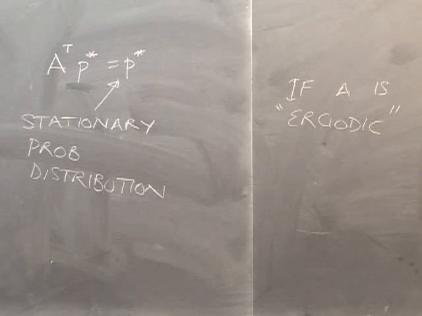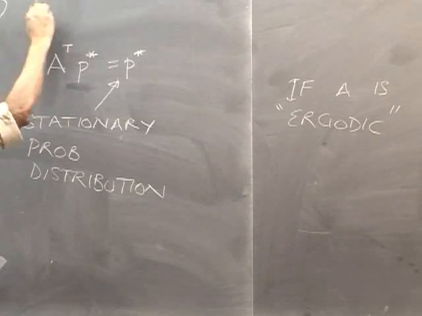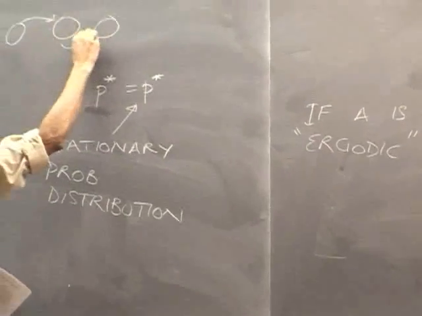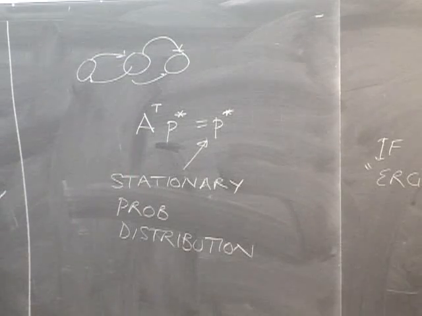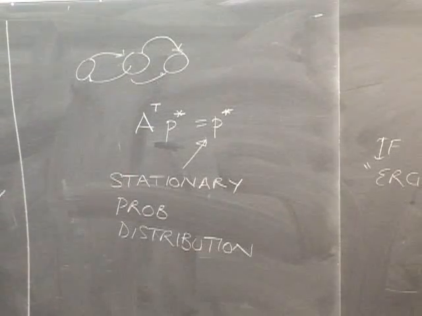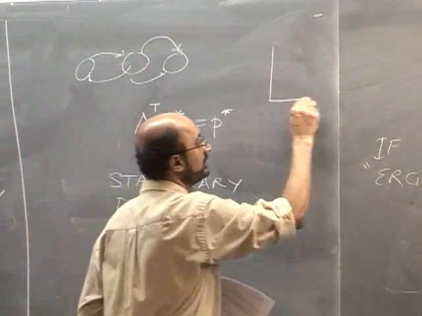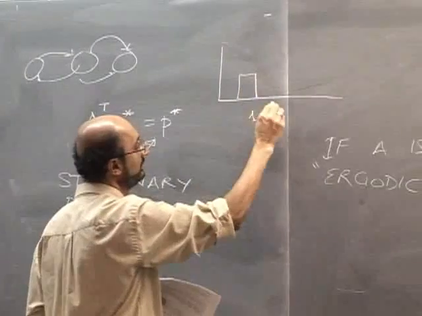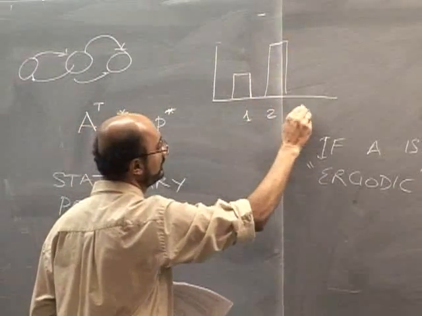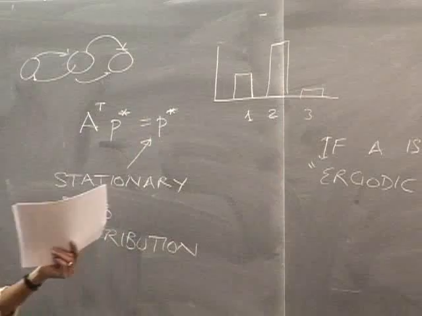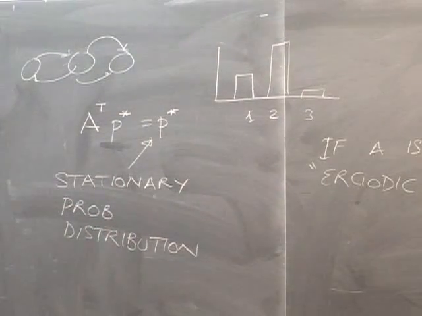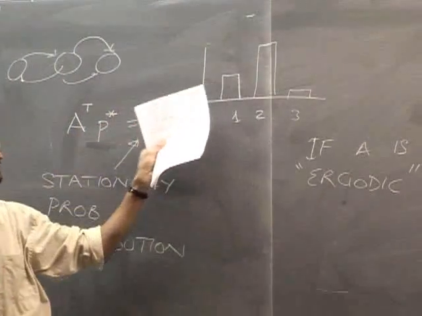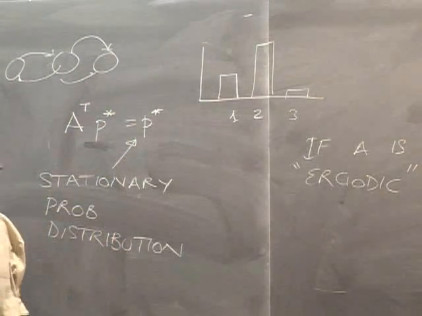In other words, if I have some set of states, and I don't know what the underlying chain is, and I measure it a few 100,000 times, I can get some kind of distribution. I draw a histogram: I'm in state 1 this many times, state 2 this many times, state 3 this many times. This histogram can be viewed approximately as probability by dividing by the number of times you measure. These histogram probabilities correspond essentially to P star.